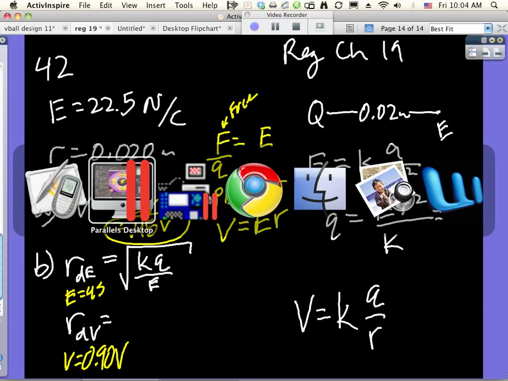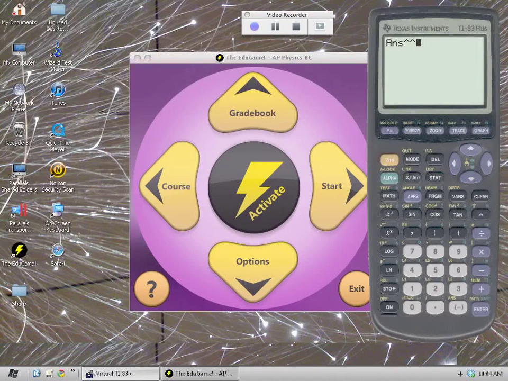So it's our original E, which was 22.5, times r squared, which is 0.02 squared, divided by k, which is 9 times 10 to the 9th.